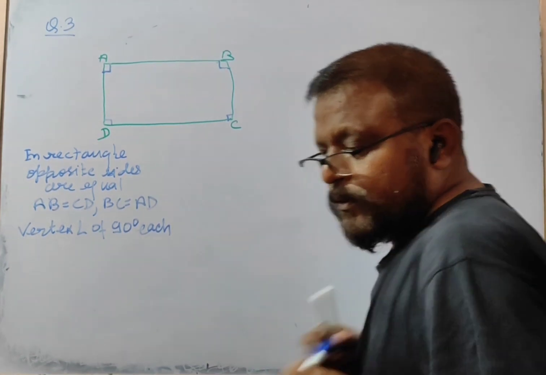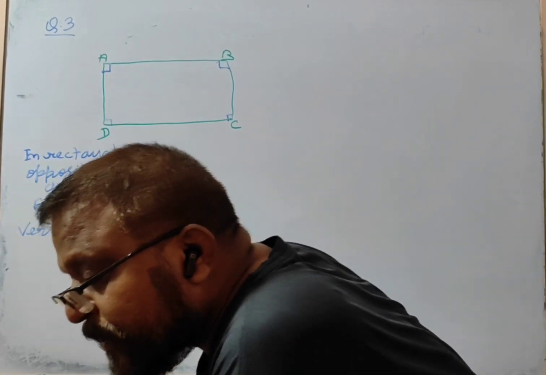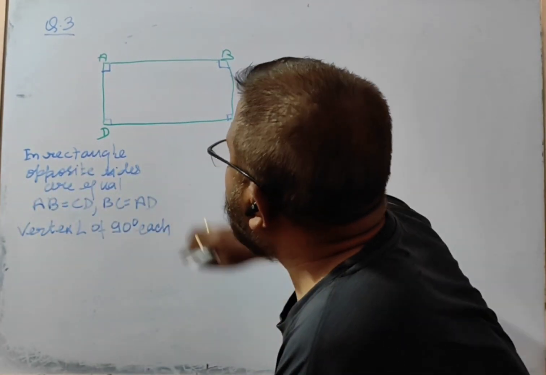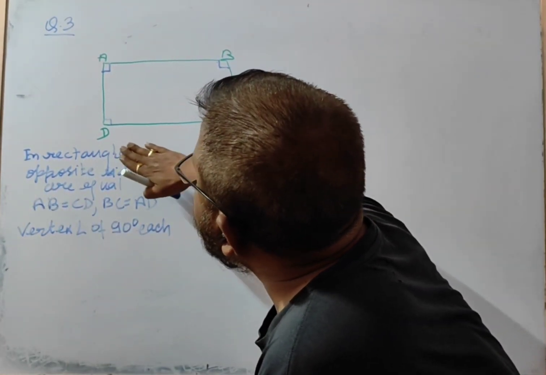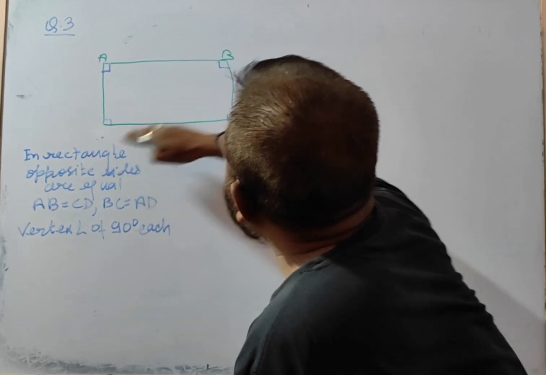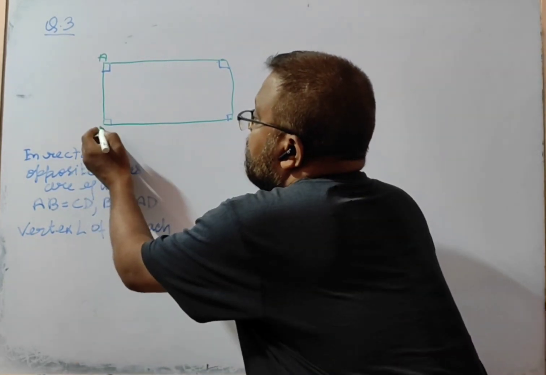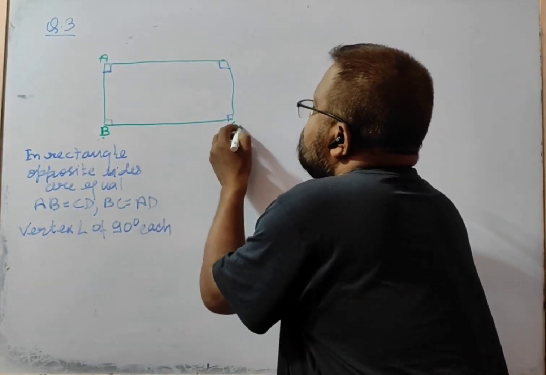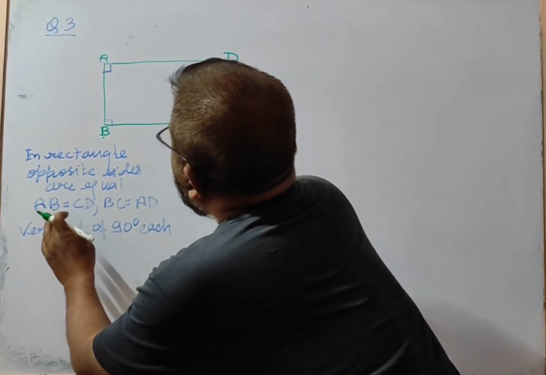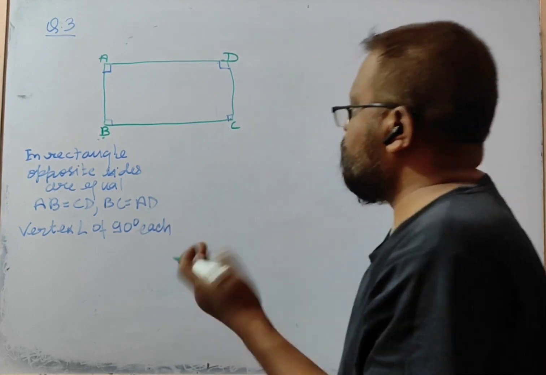So now it is given that AB is 12 centimeters. Oh, sorry, I wrote the vertices differently. This is A, this is B, this is C, and this is D. So AB is equal to CD and BC is equal to AD.